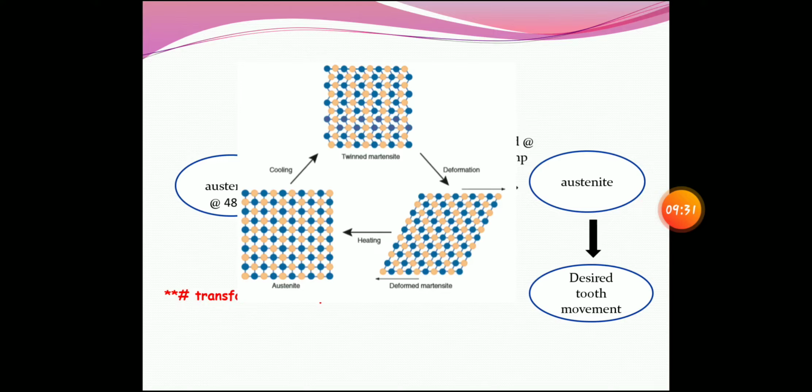Because of this twinning and detwinning, the energy that is there gets converted to the energy required for tooth movement. So that is why nitinol alloys are used for inducing tooth movement as orthodontic wires. Okay.